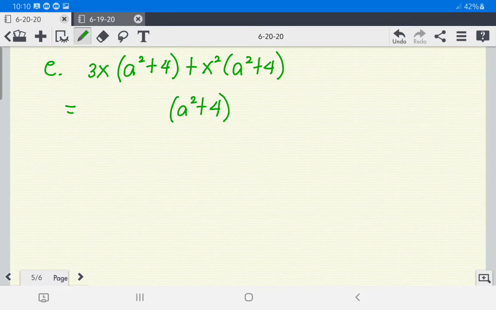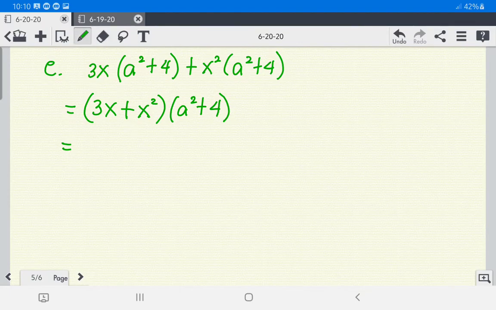Then for the next factor, you will just copy 3x plus x squared. This is not yet the final answer because notice that in 3x and x squared, there is a common monomial factor, which is the variable x.